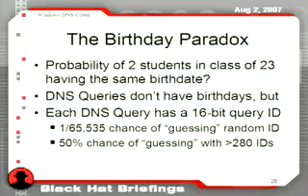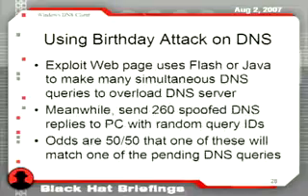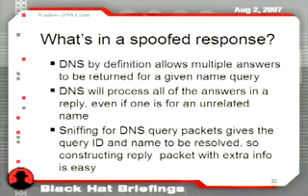So using that formula, if I'm trying to guess a number, I have a 50% chance that randomly picking 260 numbers, one of them will match an ID of something that goes out. This is how they attack the problem of guessing the ID for the transaction. Now, if you're actually sniffing the network, you don't have to go through that, but this is one of the attacks that lets you get there if you can't.